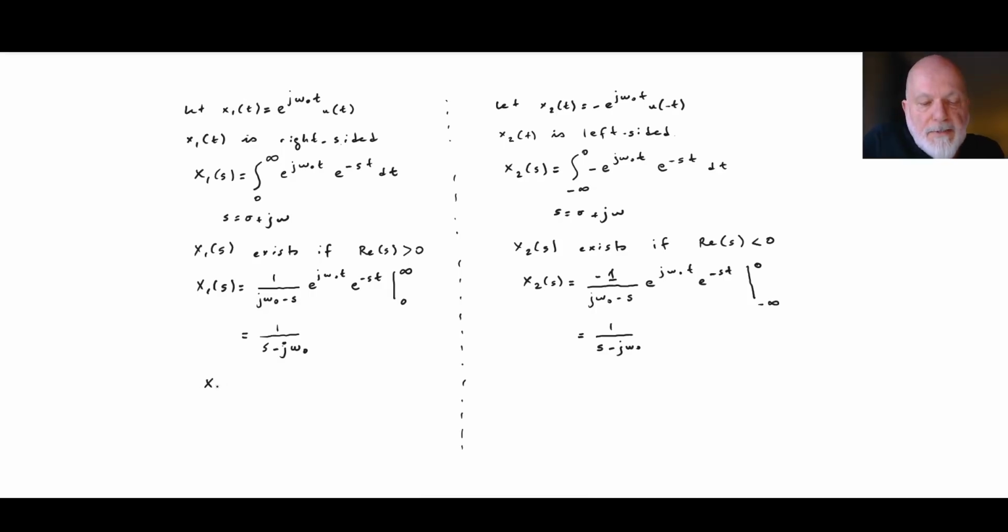So x1 of s is 1 over s minus j omega 0, and the region of convergence for x1 of s is all those s such that real part of s, or sigma, is greater than 0.